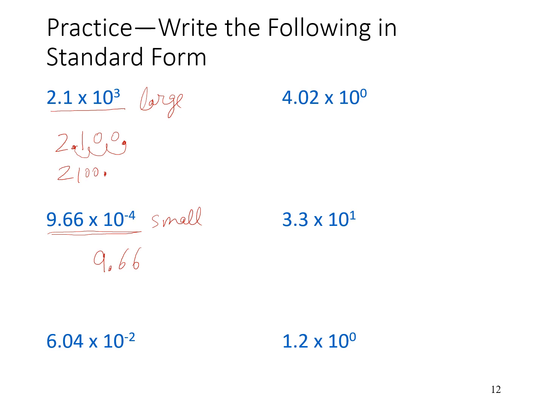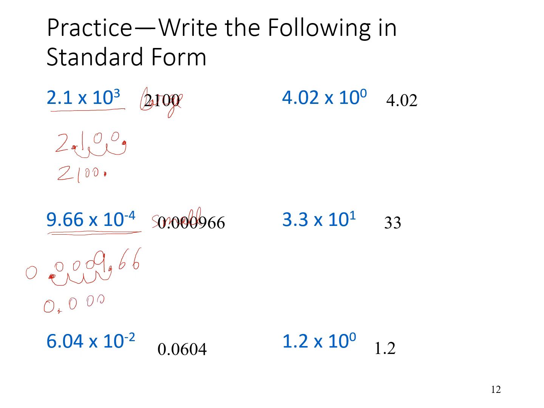So the decimal has to be moved right here. Now all the empty slots, we are going to put zeros, and the decimal is right here. So the number would be 0.000966.